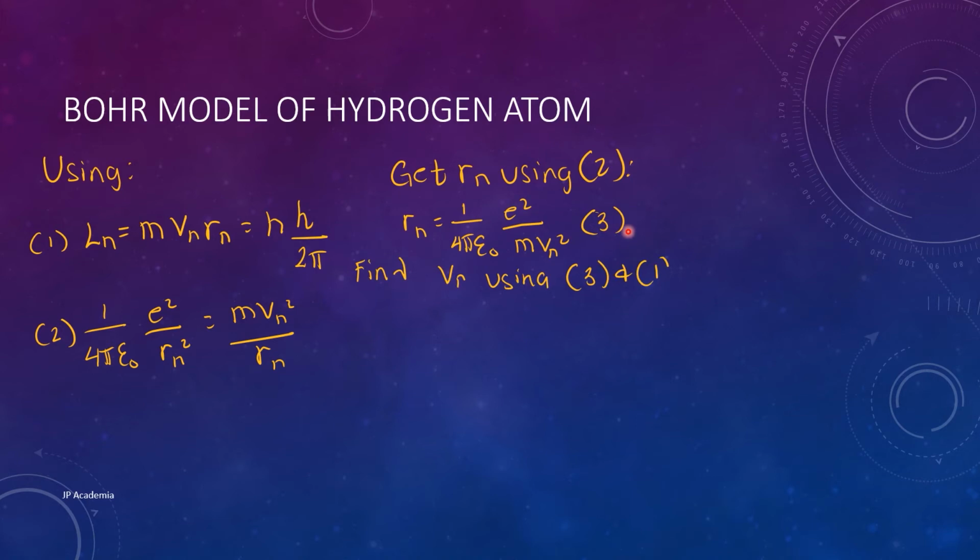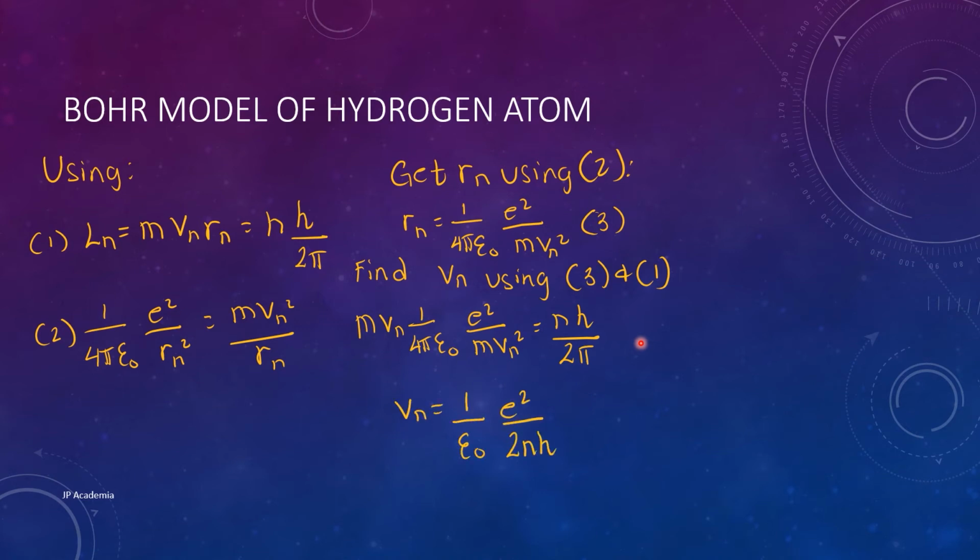Let this be equation number 3. Then using equation 3 and equation 1, we can get our Vn, the orbital speeds. Doing some substitution, we can isolate Vn, so we have this final form of the orbital speed expression. So this is the orbital speed.